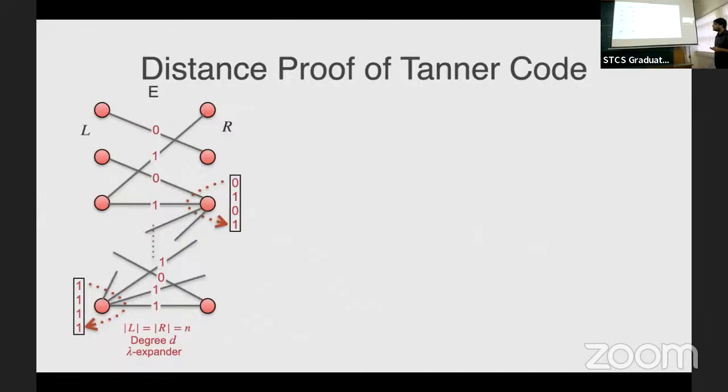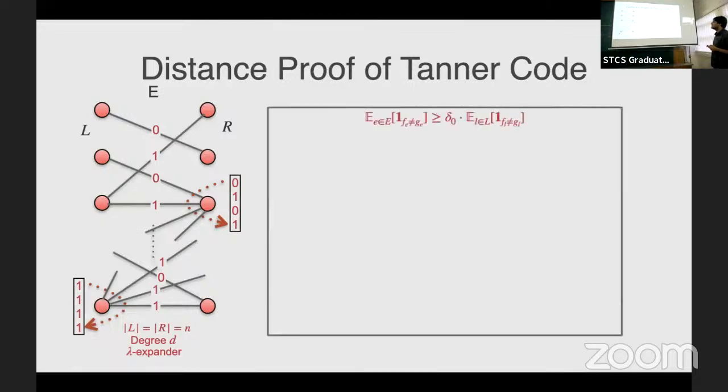Okay. Let me also show you the distance proof of Tanner codes, because our techniques will be using this. Remember the expression that we are going for: if the inner code distance is delta 0, we are going for delta 0 times (delta 0 minus 1).